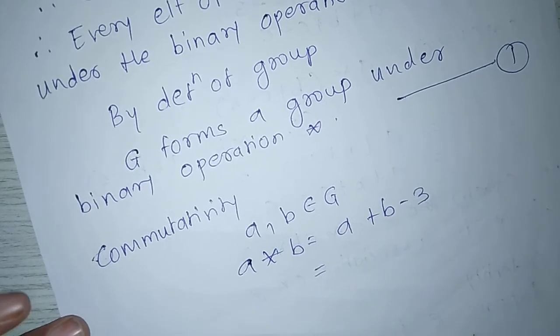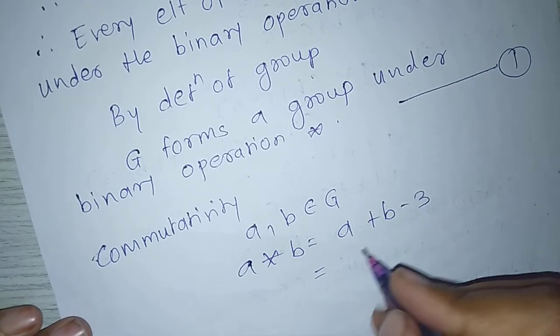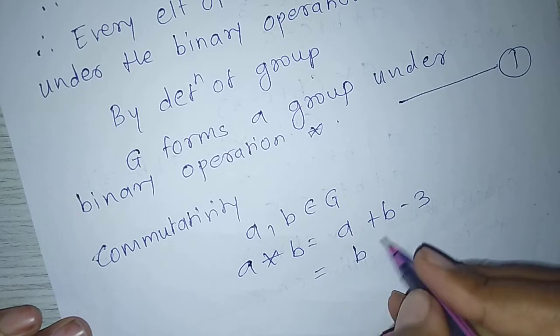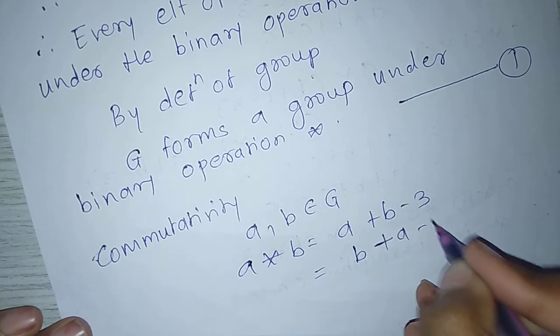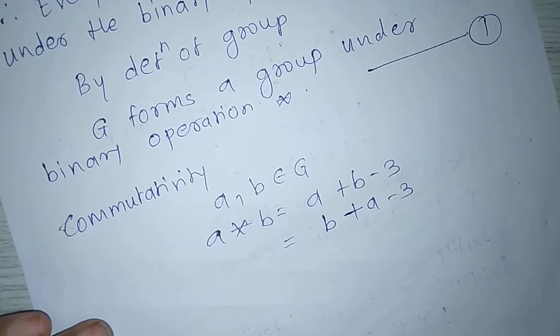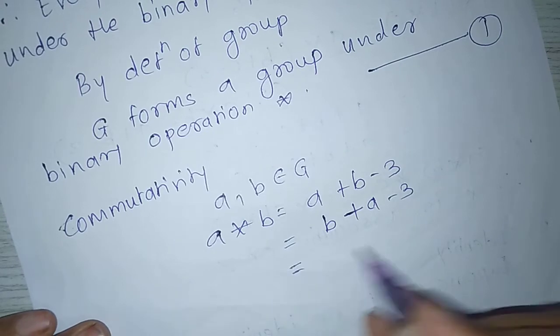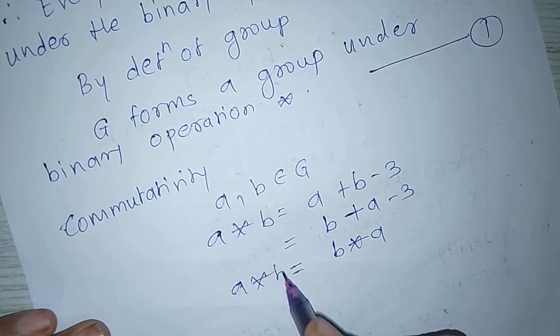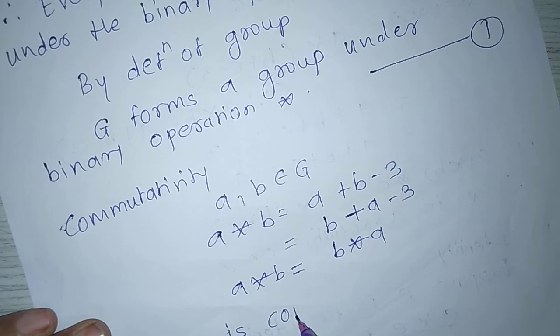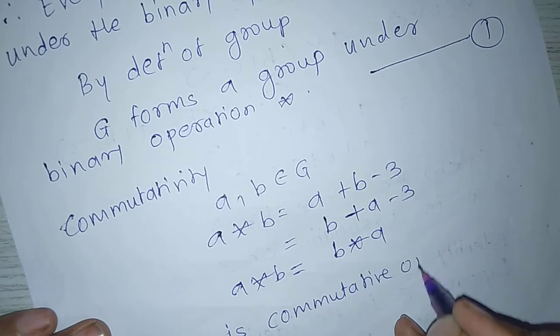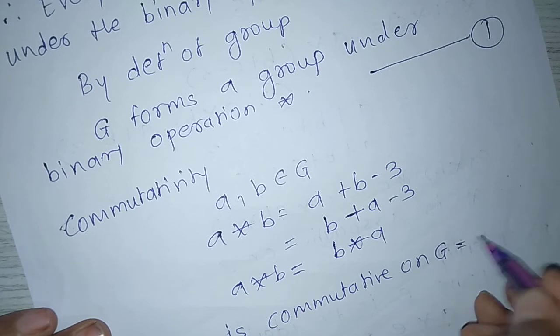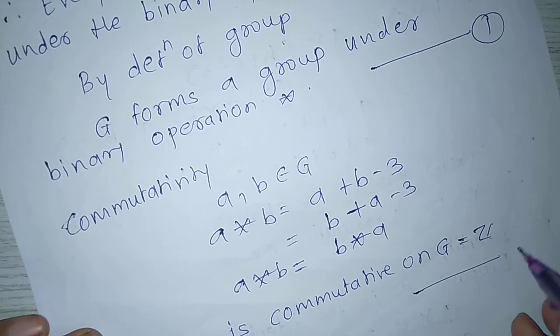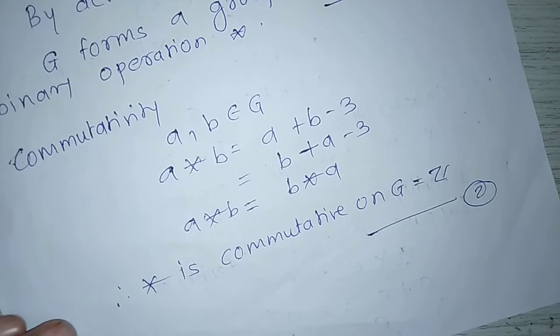A plus B minus 3 can be written as B plus A minus 3, which is equal to B star A. A star B equals B star A, therefore star is commutative on G. G means Z. Give this as equation number 2.